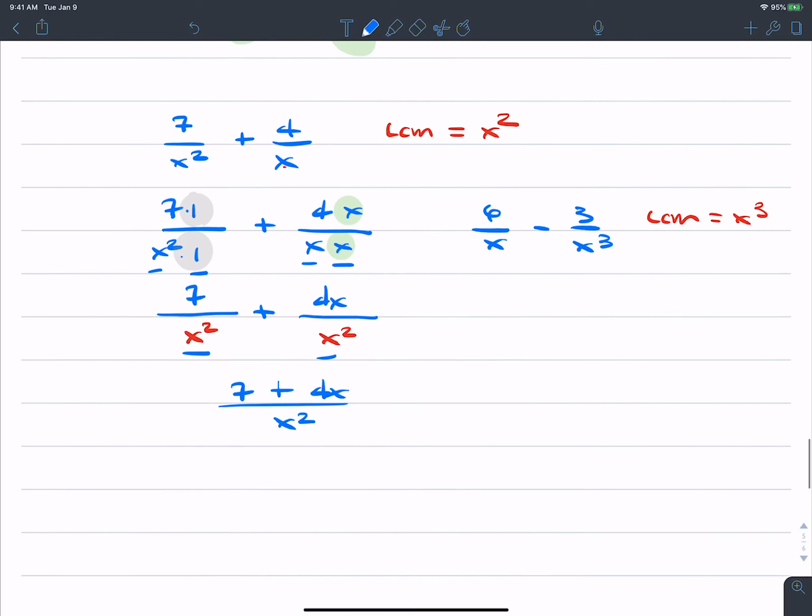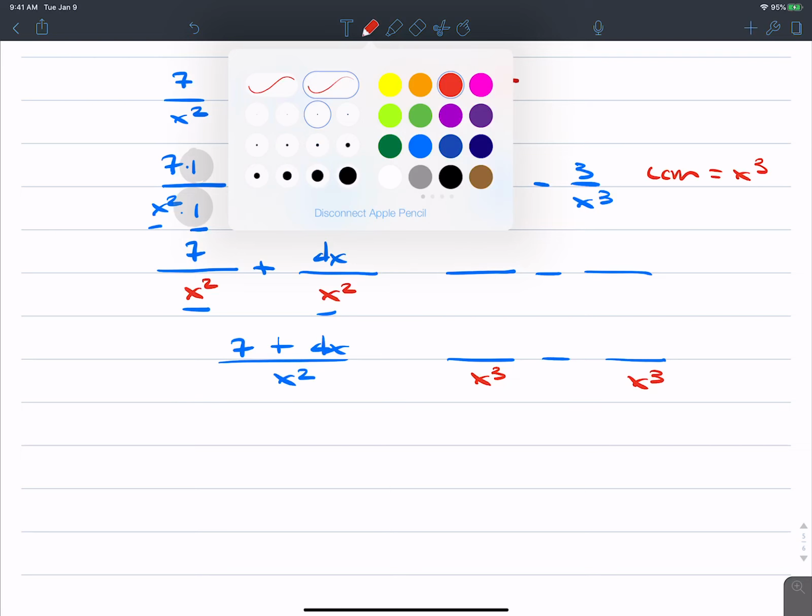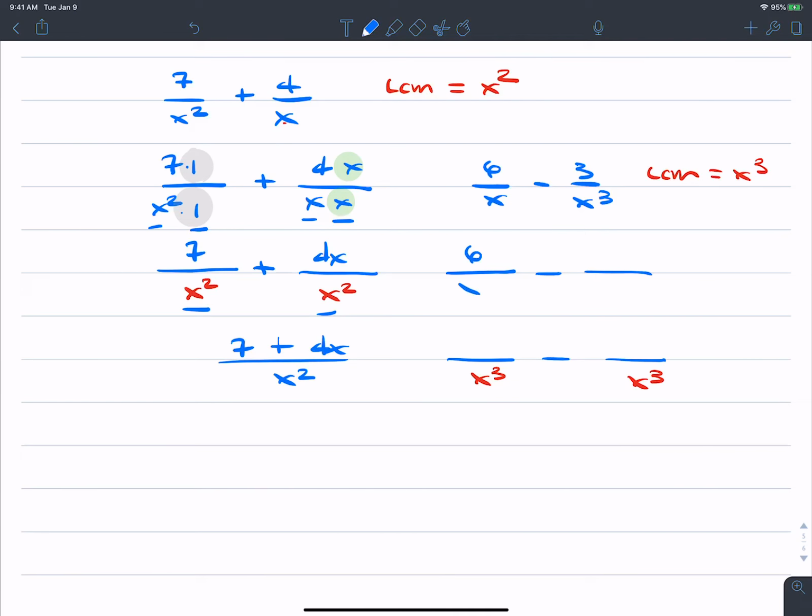So again, by the setup, the LCM goes down here, x cubed. Six over x, 3 over x cubed. Multiply the same term top and bottom for that first fraction, possibly a different term for the second fraction.